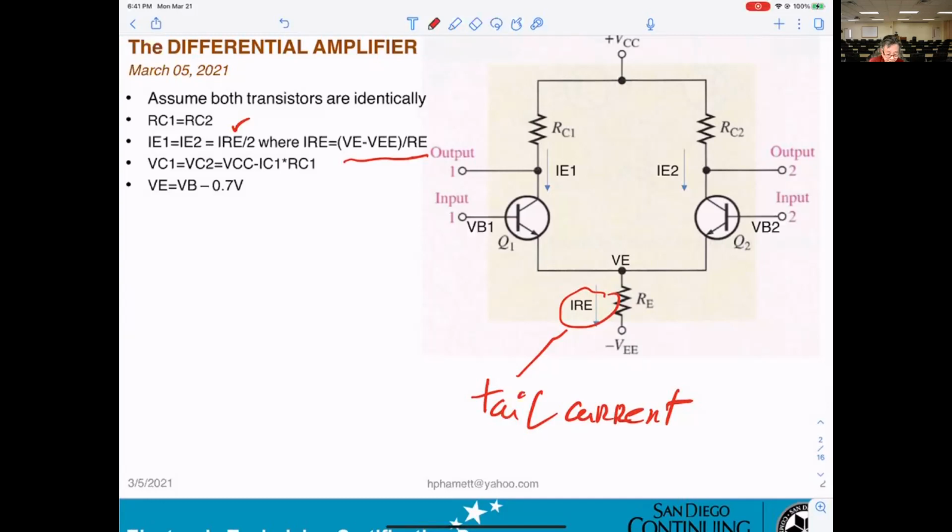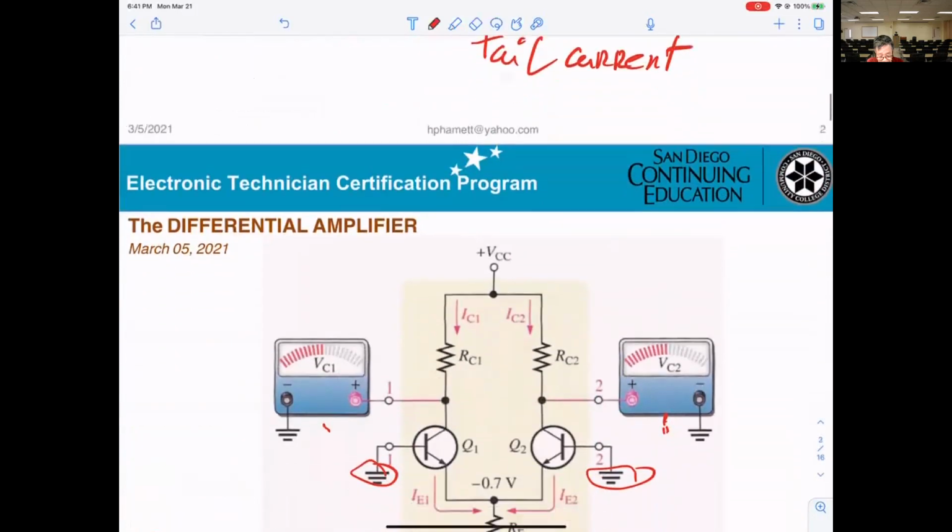Also, they give you VC1 equals VC2, okay? Equal to VCC minus IC RC. That means in bipolar, we already calculated, VE equals VB minus 0.7.